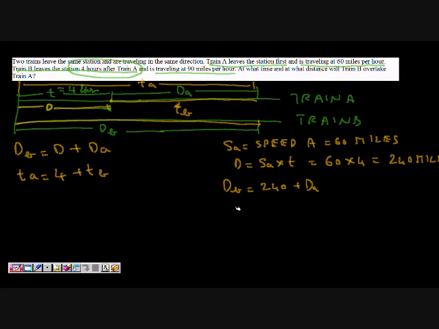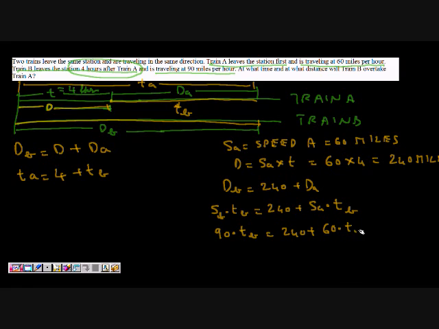Now we know that dB is the same thing as the speed of B times the time taken to travel distance dB, and dA is the speed of A times the time taken to travel distance dA, which is TB again. So we can write 90, the speed of B, times TB is equal to 240 plus the speed of A, which is 60, times TB.